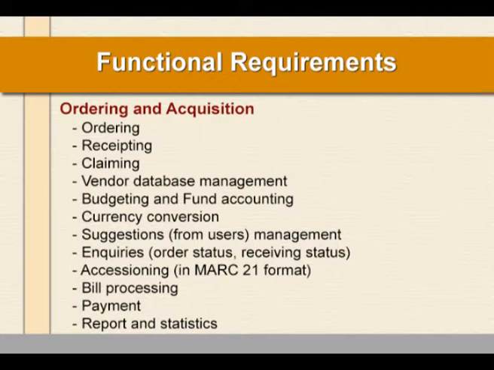In case of non receiving in time, you need to place a claim. Then you need to create your vendor database, you need to create budget, you need to create different budget heads, you need to allocate funds for different budget heads, you need to have a currency conversion table, you need to have a module through which suggestions can be taken online from the user.